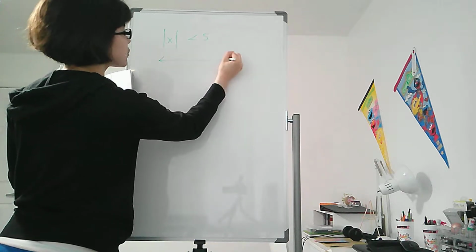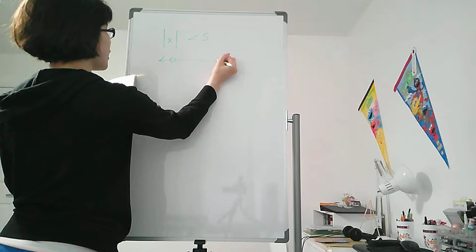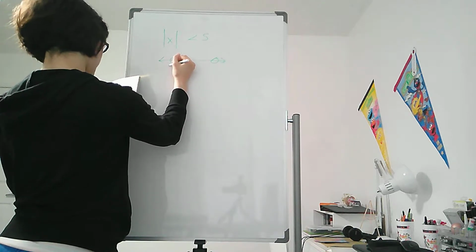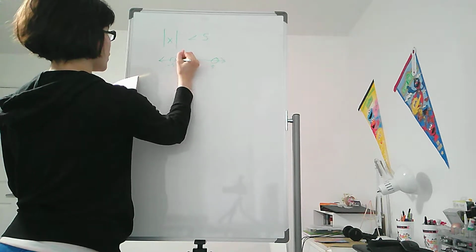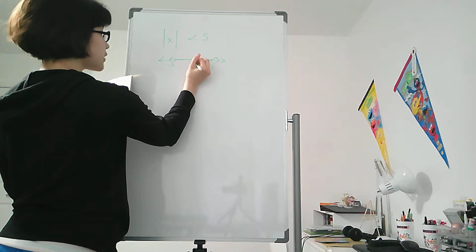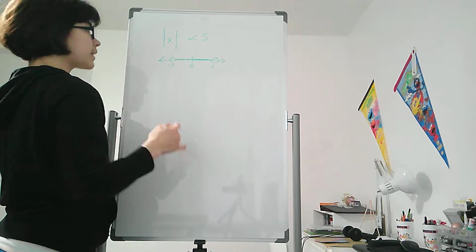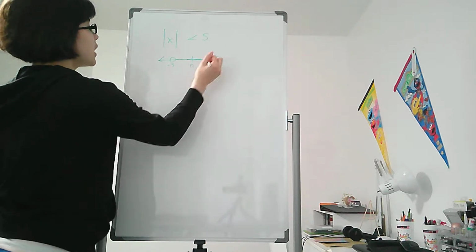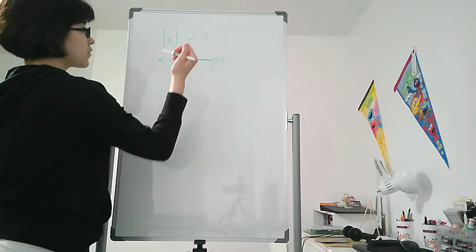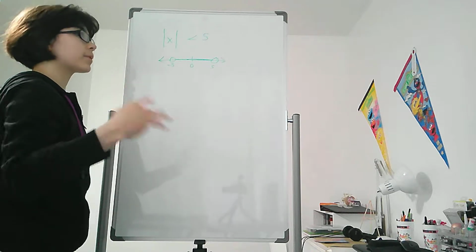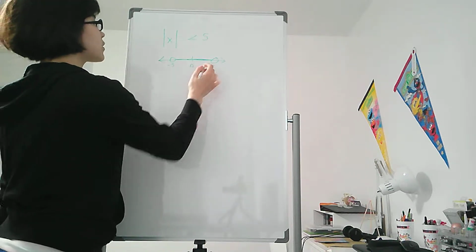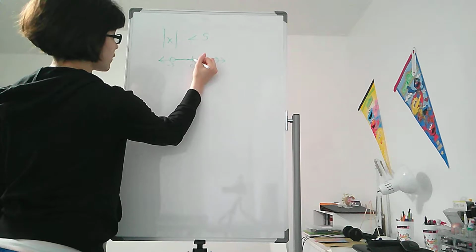So I'm going to illustrate that here with a little number line because it helps drive the point home. Let's say this is where 0 is, and we want some value that is less than 5 units away. So in the positive direction, you've got things like 1, 2, 3, 4, because those are less than 5 units away from 0.